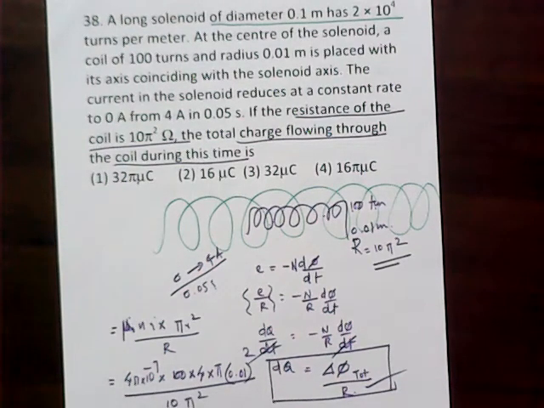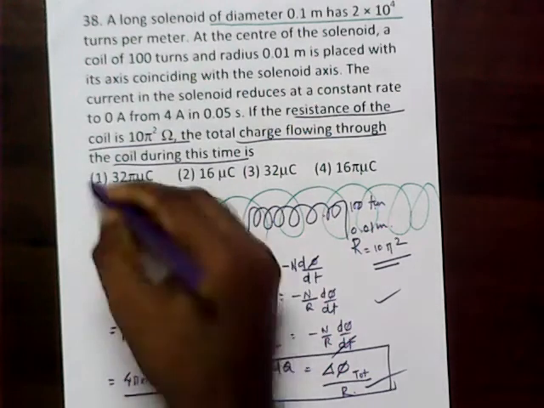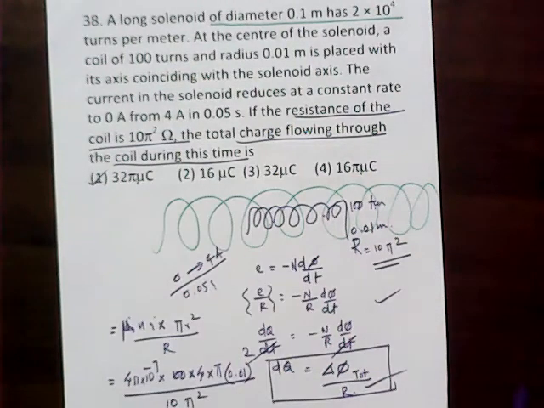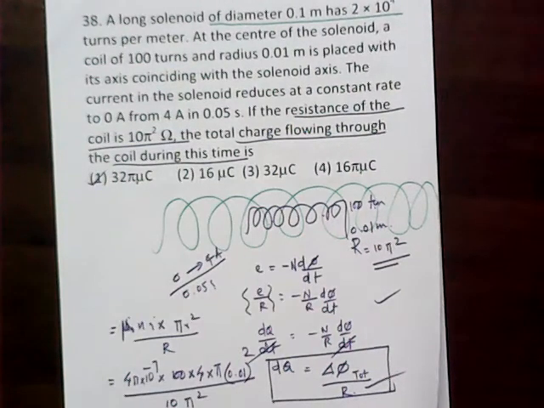On solving, you get the value as 32 microcoulomb. So that is the charge. Look, the very important concept. So we get the answer as 1. Number 39.